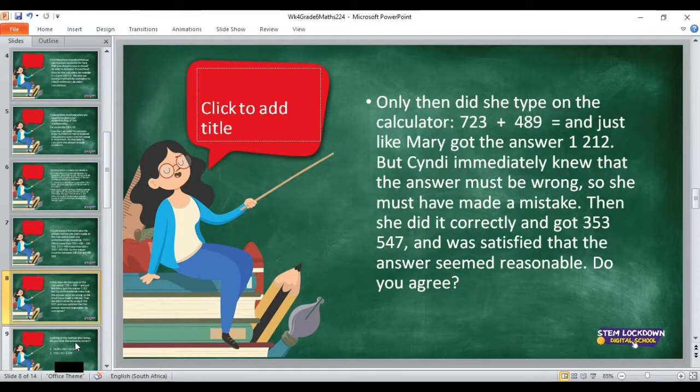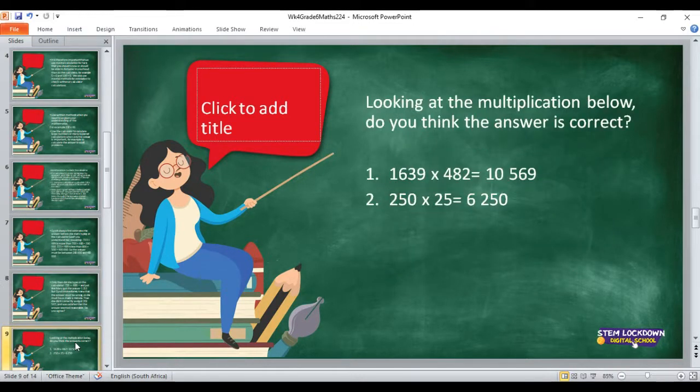All right, now I want us to do this little activity just to check if we are following. I don't want us to use the calculator, and I don't want us to write anything down, just look at the numbers. I have actually worked this out. The first one is 1,639 multiplied by 482, which equals 10,569.